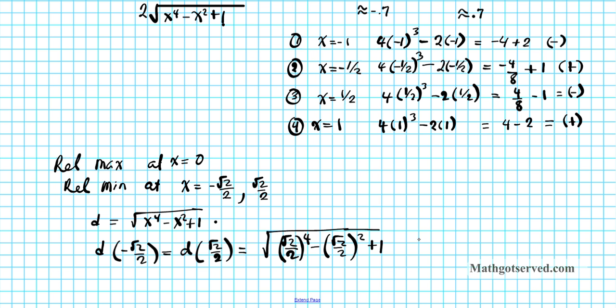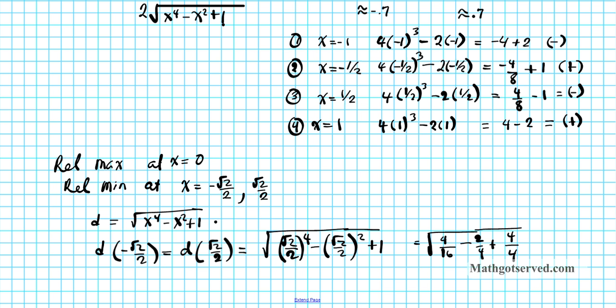Now, if you do the calculations, the first term, root 2 to the 4th power is 2 times 2, which is 4, over 2 to the 4th power, 16, minus root 2 squared is 2 over 4, plus 1, which we can express as 4 over 4.